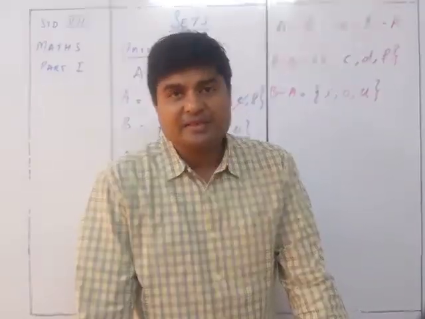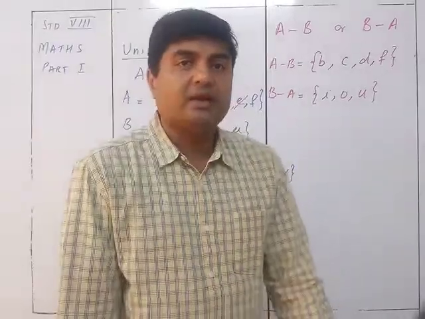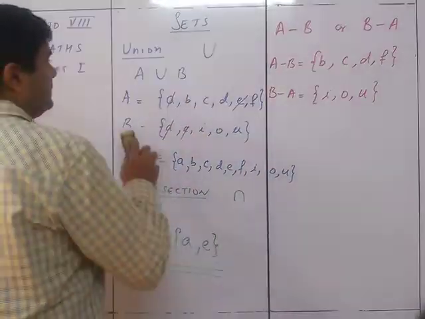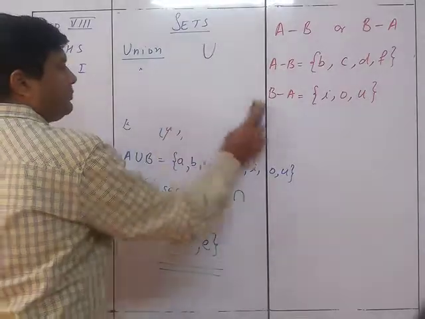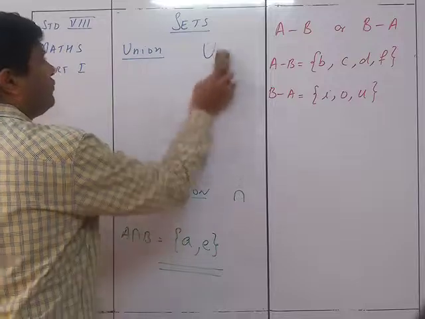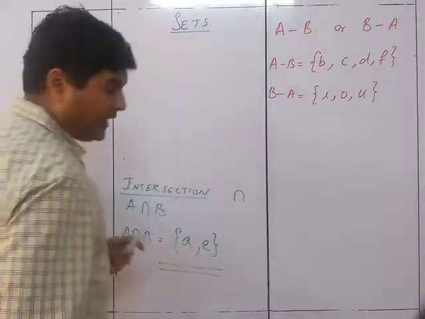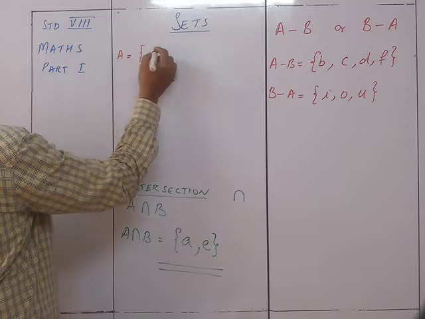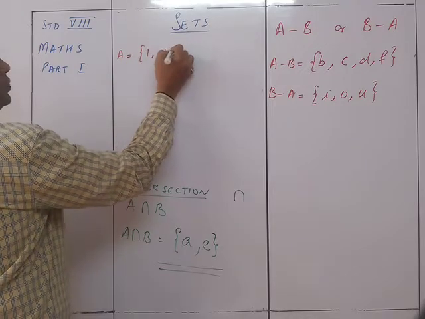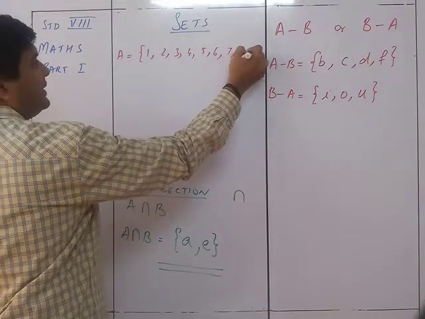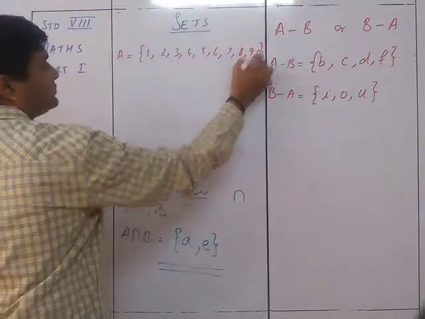Now in case it so happens, let's take an example over here, that we have the value of A as 1, 2, 3, 4, 5, 6, 7, 8, 9, 0.